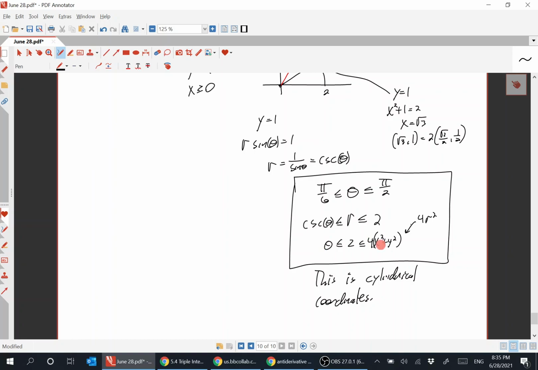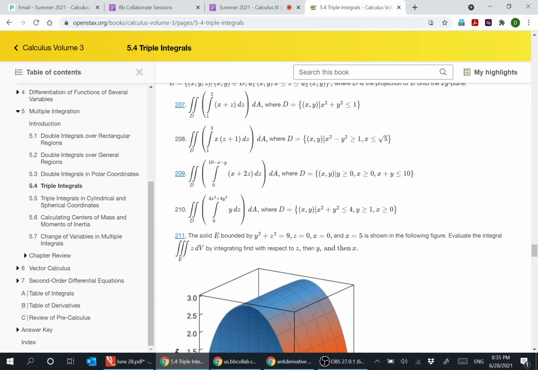So you can convert them at the beginning or at the end, it doesn't matter. So in the book, z goes from 0 to 4x squared plus y squared. And then x and y have these boundaries, and that took a little bit of finesse to figure out, how to describe that region in terms of polar coordinates.